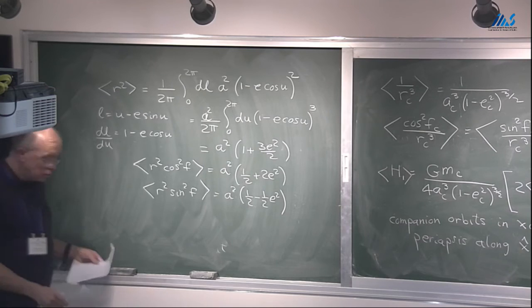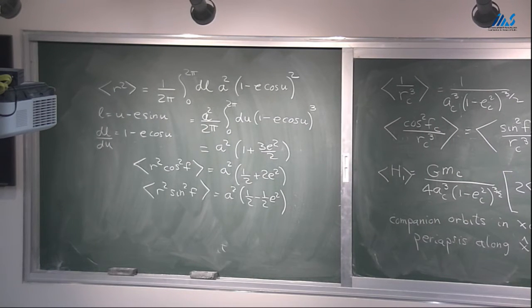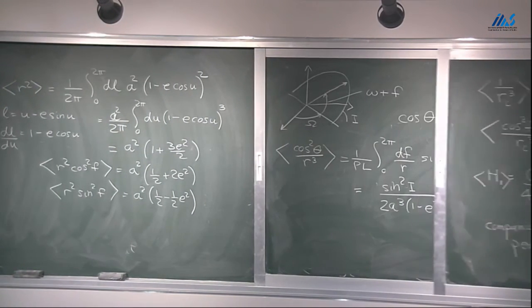Okay, so with those averages done, you can simply write down what the secular Hamiltonian is for the external quadrupole.